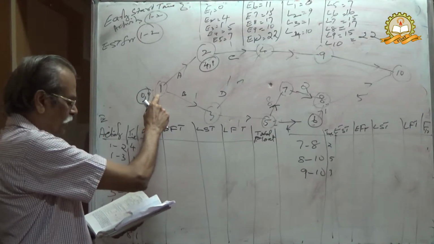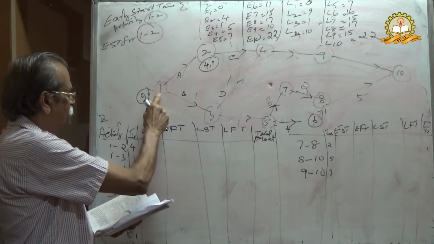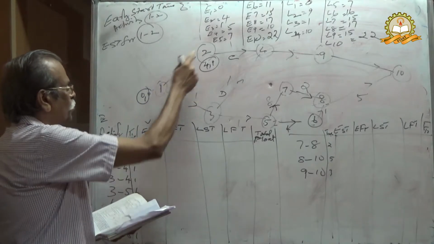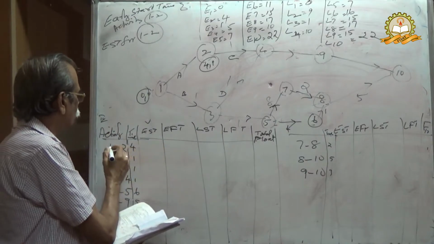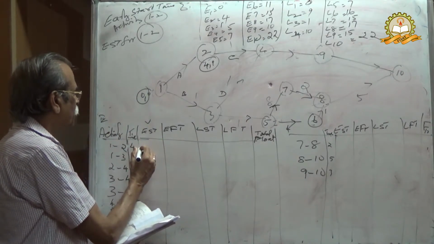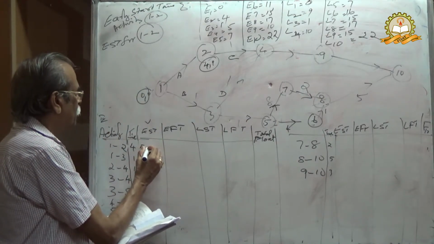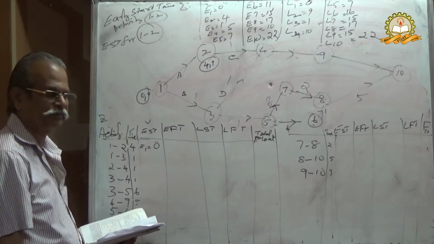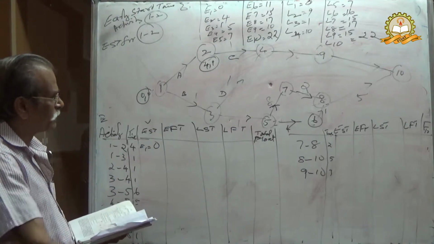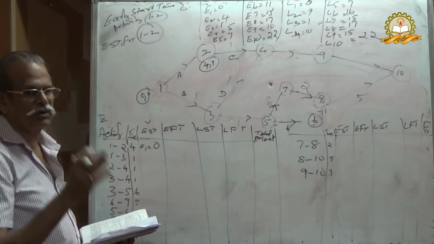Therefore, EST of activity 1 to 2 will be, here we noted, 1 to 2 means 1 is the beginning. E1 equal to 0. 1 is the beginning, E1. You have calculated E1 equal to 0.